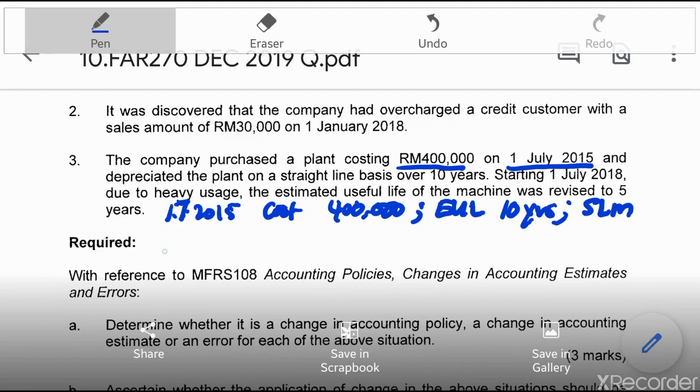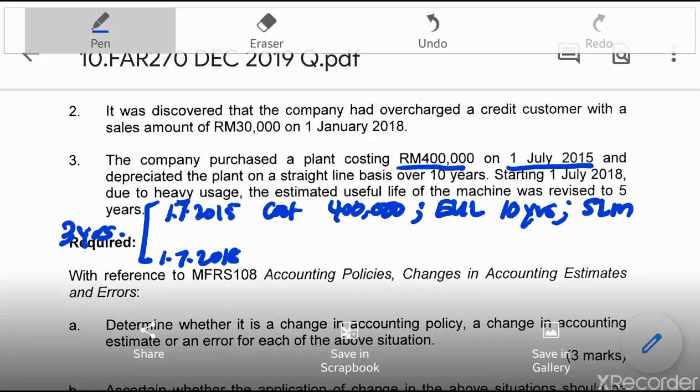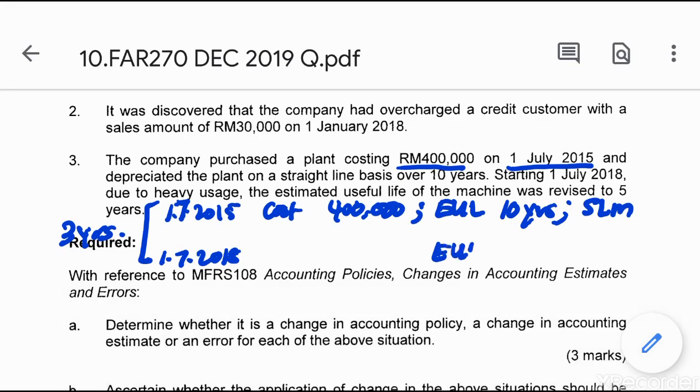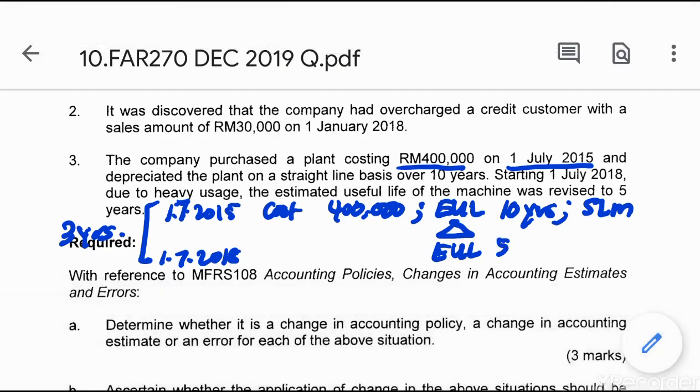And then starting from 1st of July 2018, meaning within this 3 years gap, due to heavy usage, the estimated useful life has now been revised from 10 years to 5 years.